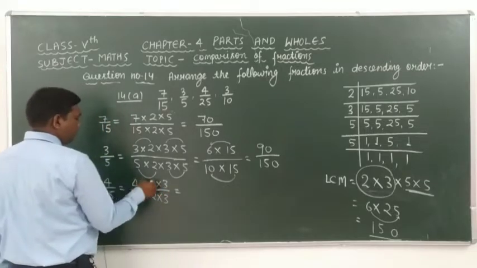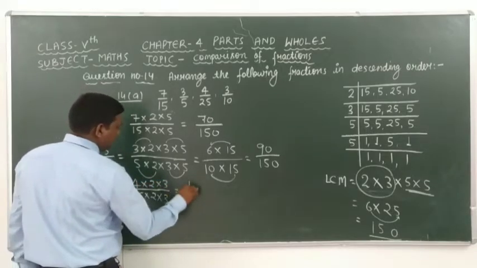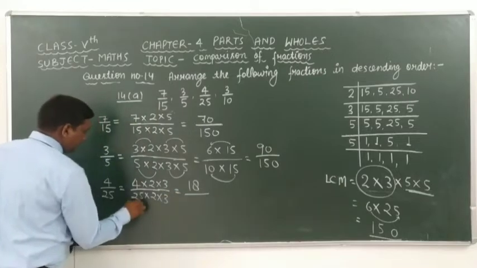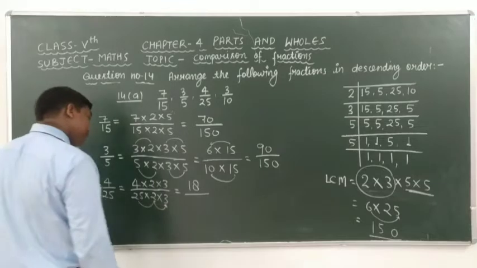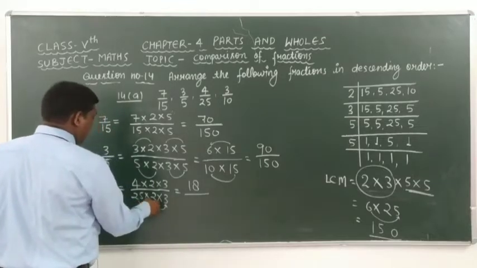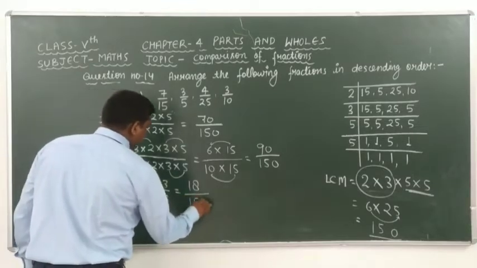Look at here carefully. 4 times 2 is 8 and 8 times 3 is 24, over 25 times 2 is 50, and 50 times 3 is 150.